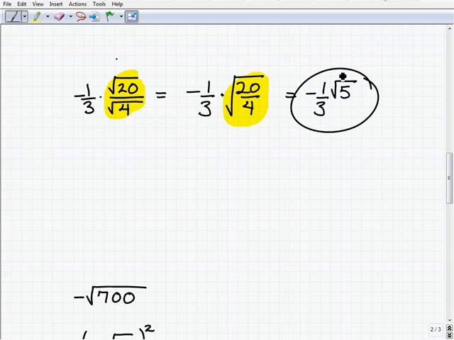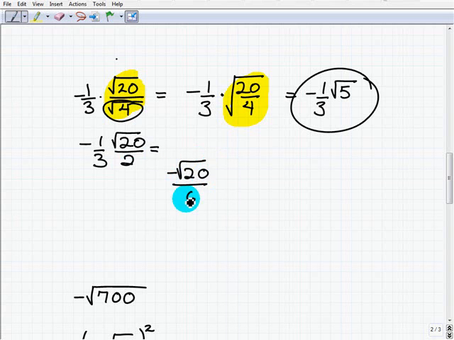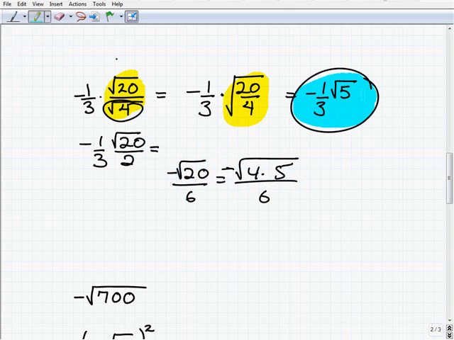You could have also done this, negative 1/3 times the square root of 20 over the square root of 4, which is 2. Then you would have had negative 20 over 6, and then with this 20, there's a 4 times 5, a perfect square, and you have to take that perfect square out. But you can see, in my opinion, the way I approach the problem is a much simpler, cleaner way.